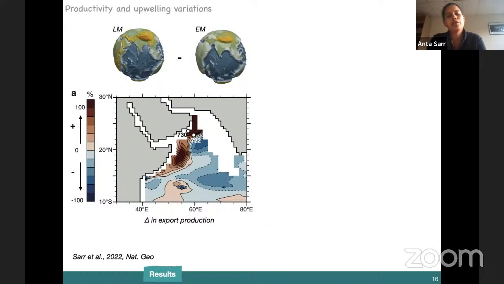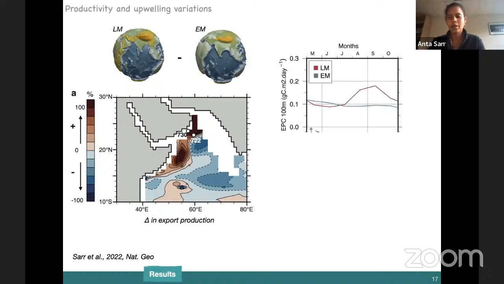Here the map shows the difference in export production during summer between the late and the early Miocene simulations. And what you can see is that there is a lot more export production in the late Miocene compared to the early Miocene simulations. Looking at the seasonal scale to better understand the mechanisms behind this increase in productivity, this plot on the right presents the variation of export productivity at 100-meter depth from May to October; late Miocene is the red curve, early Miocene is the blue curve.